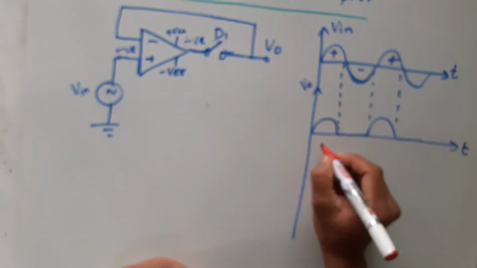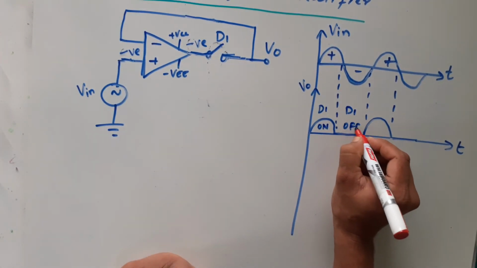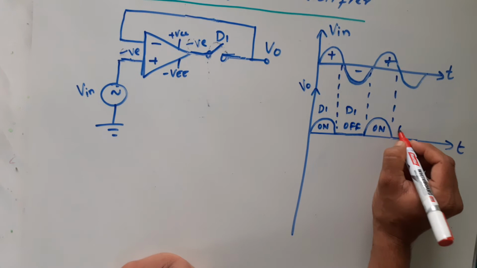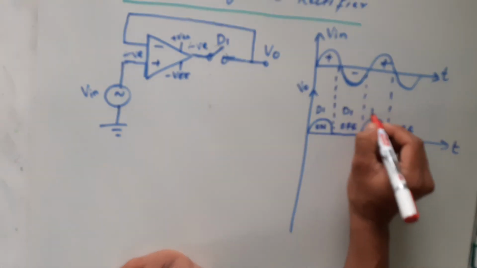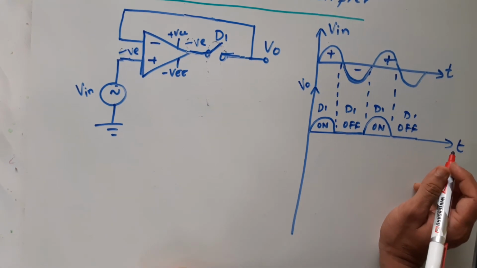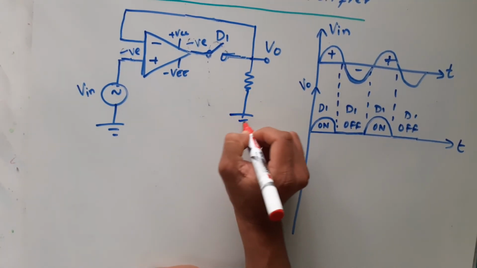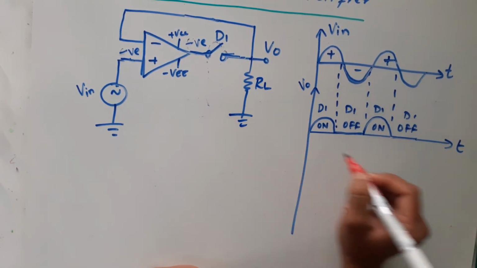Okay, here you can write, diode D1 is on, diode D1 is off, on, off. Understood? For your understanding you can write. Now similarly, I missed one load resistance here for your IL, the load current, to flow.